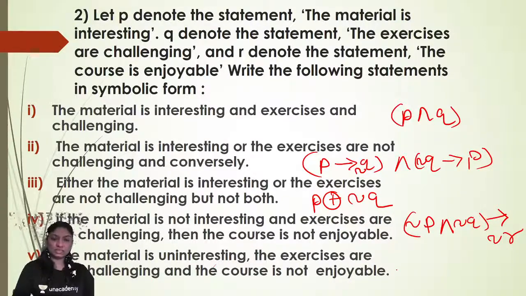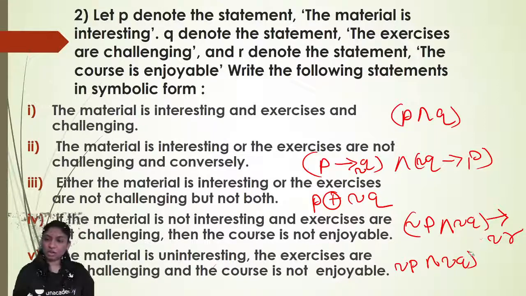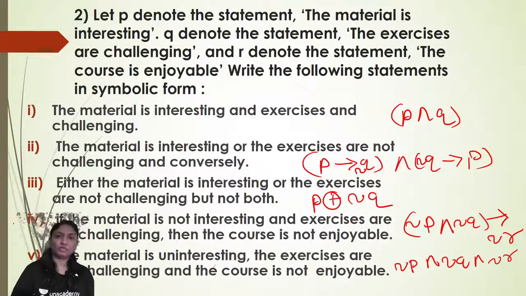The material is uninteresting, so negation of P and negation of Q and negation of R. The material is not interesting and the exercises are not challenging and the course is not enjoyable. Okay. Now the statement is given in word format, and you have to convert it into symbolic form.